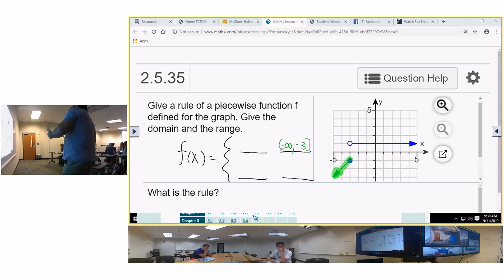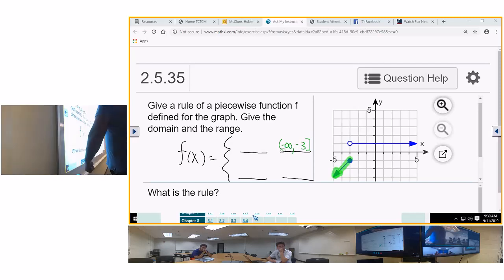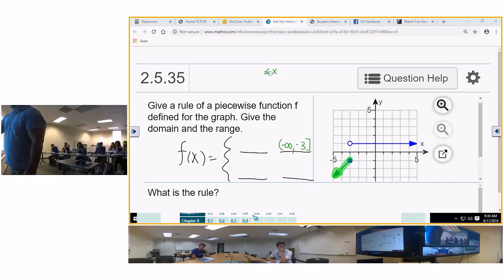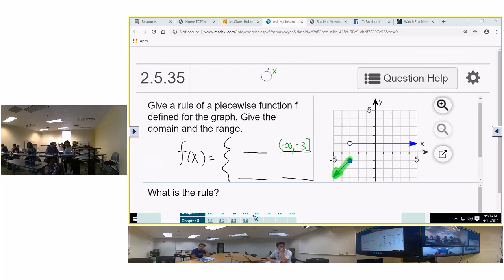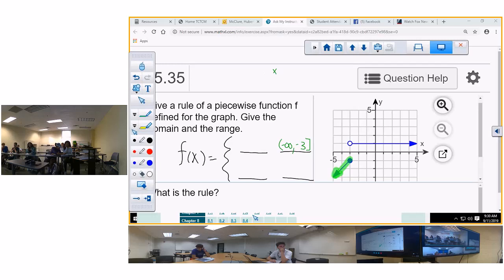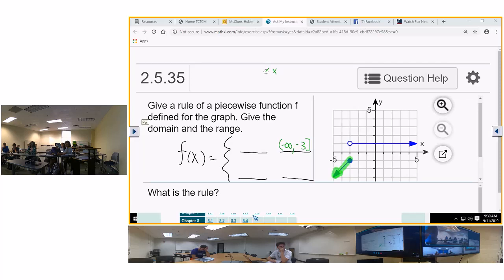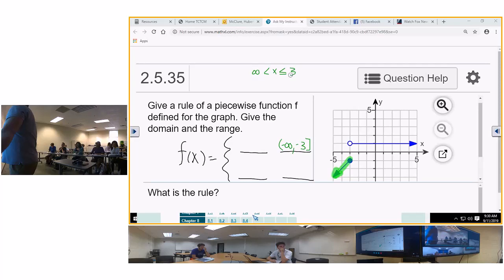Or you can do it in interval notation. On a test, I'll take either. Now it may mark it wrong, but you see me after class and I'll fix it. Because most algebra teachers like interval notation over set builder notation. If it was set builder notation, it would be x less than infinity and equal to negative 3.